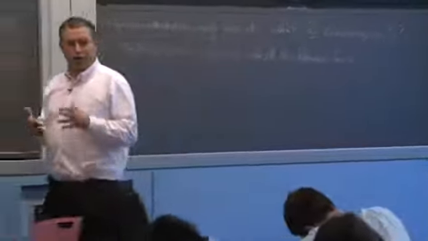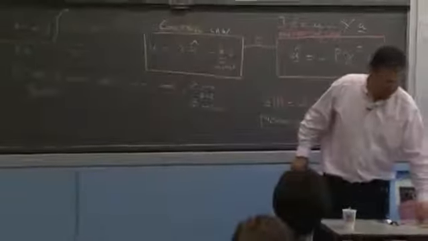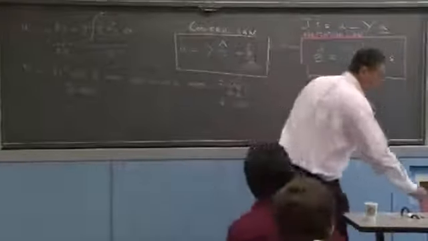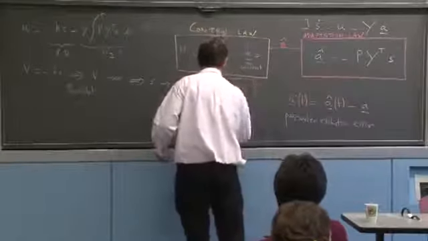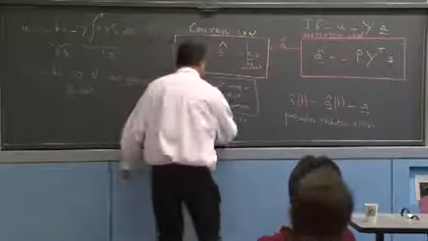In other words, this is always going to guarantee that the task is achieved, okay? So in other words, this is always able to guarantee that this task is achieved.